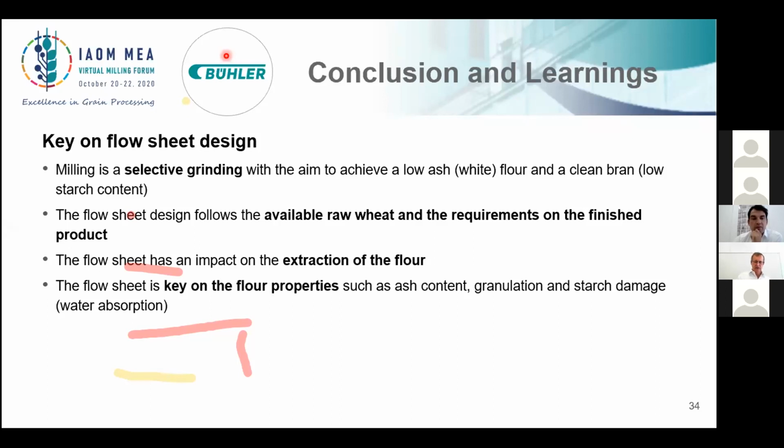But the conditioning time, as we learned also yesterday, is different from a hard to semi-hard. So there are actually two options: clean it, condition it separately, and blend it before first break. So both are mellow, both are mature, and then you go to the milling.